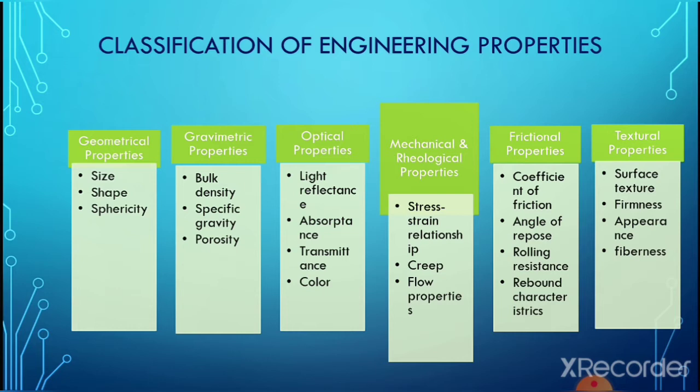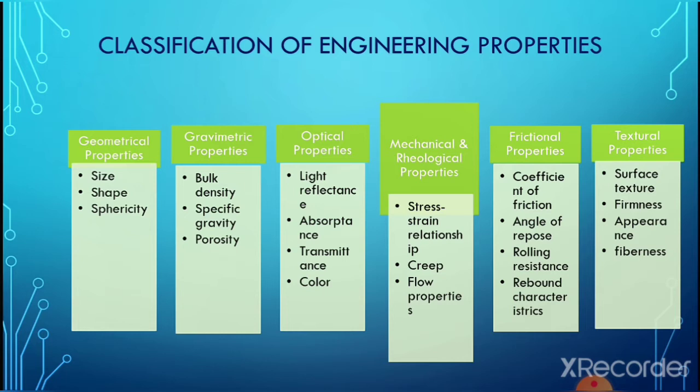So geometrical properties include size, shape, sphericity. Gravimetric properties include bulk density, specific gravity, porosity. Optical properties are light reflectance, absorptance, transmittance, color.